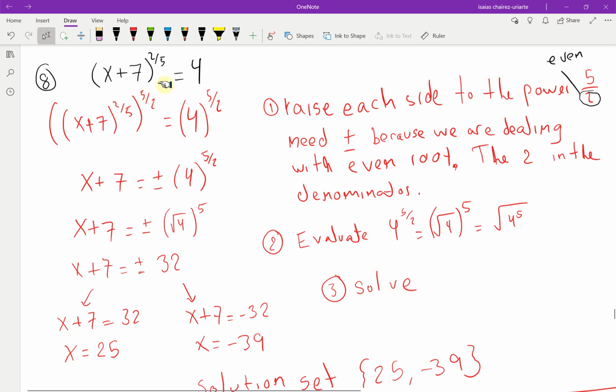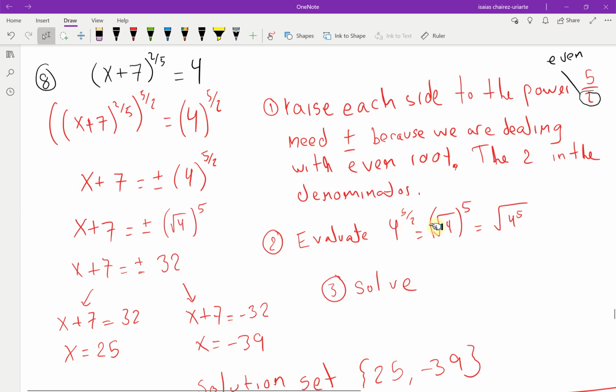So if I raise everything to a fraction and the denominator of that fraction exponent is even, I need to introduce plus or minus. So this becomes x plus 7 equals plus or minus 4 to the 5/2. Then I have to evaluate what 4 to the 5/2 is.